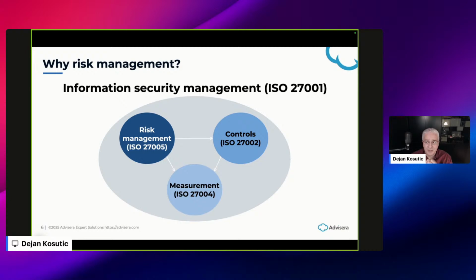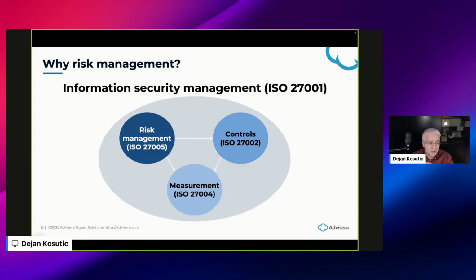Here in this slide, I've also written which standards are focused on each of these areas. So overall information security management, this is ISO 27001, which defines the ISMS, Information Security Management Systems. Then you have risk management, and this is where ISO 27005 is the most useful because it focuses specifically on how to perform risk assessment and treatment.